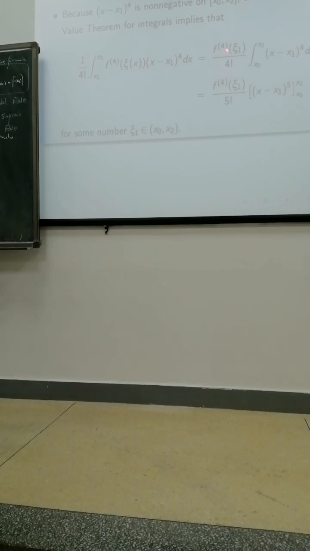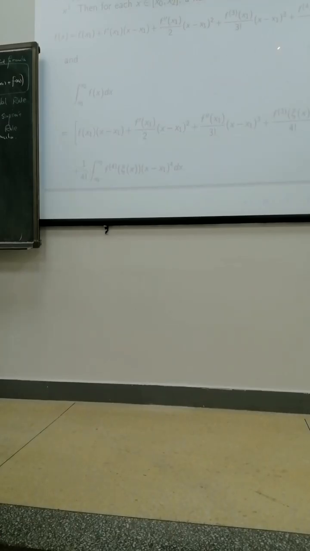Okay, why do we treat this term as a constant? You can think about why, because if we do Taylor approximation, c belongs to the interval x0, x2. I think we may skip here quickly.